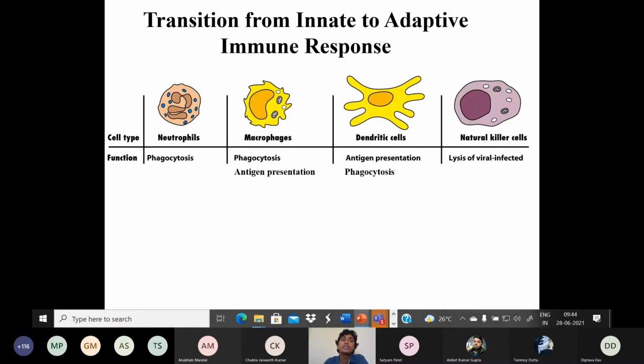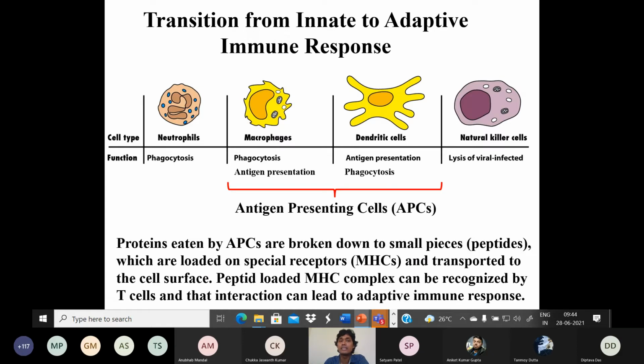So here in this case, the point we should discuss is the transition from innate to adaptive immune response. Because after certain time, if your adaptive immune system is not taking care of this thing, the innate system will not be able to take care of all kinds of infection. So as a result of that, the adaptive immune system should play some role here. But how will this transition happen?